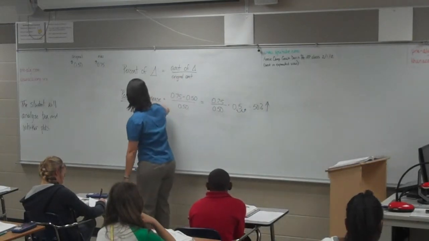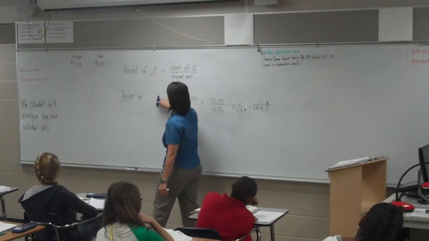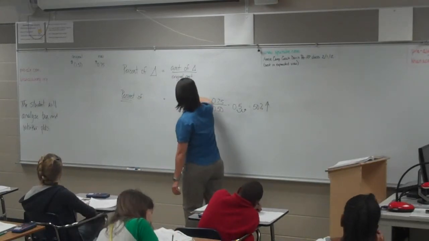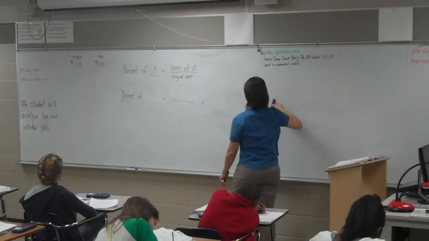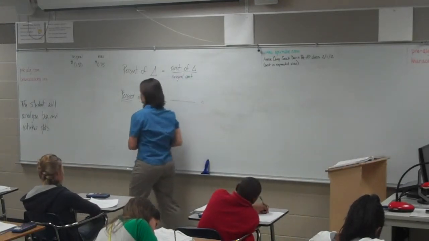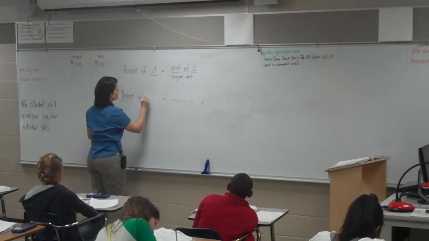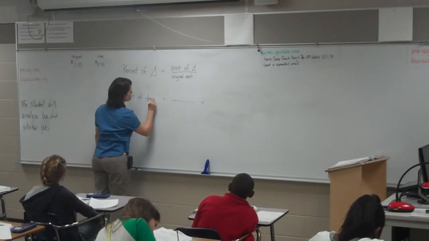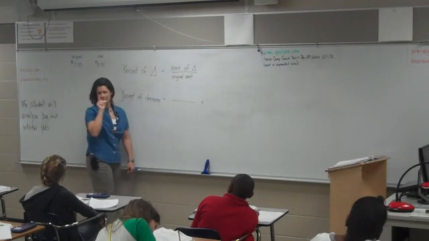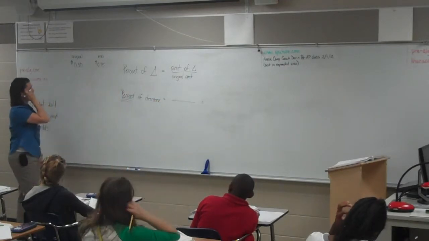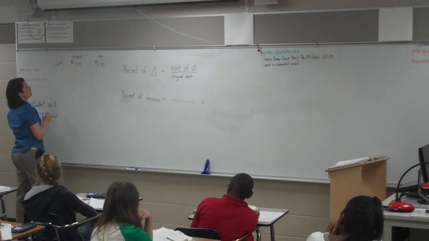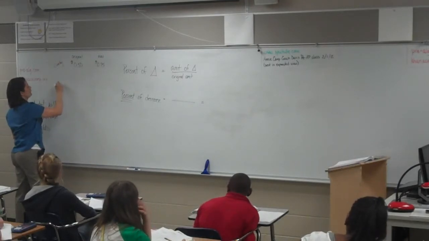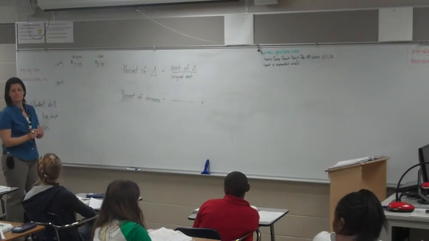Next, decrease. It's the same. Just write decrease instead of increase. Alright, so this was a candy bar. Now we are going to shop and we're going to get a shirt.